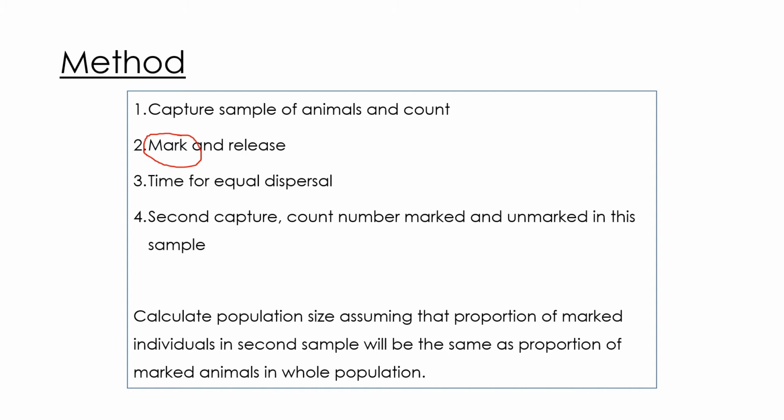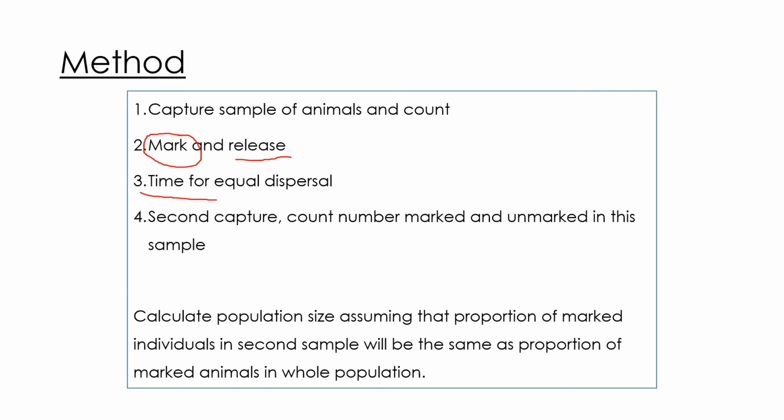Once we've marked the ladybirds, again we're going to release them back into the same area that they were sampled from, and we're going to give an adequate amount of time to enable them to distribute equally. We're going to come on to some of the AO3 assumptions of this methodology in a moment.